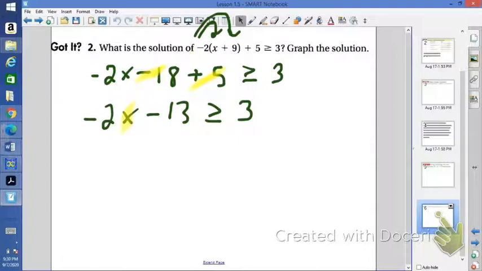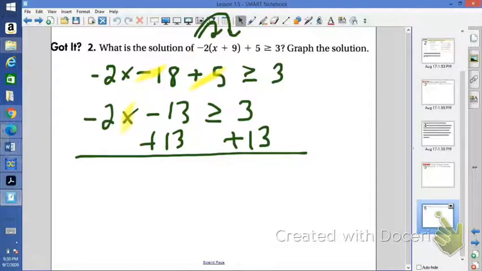Alright, now I'm going to add 13 to both sides. So I'm going to get negative 2x. So negative 13 and a positive 13 cancel. And I think it's worth noting, notice that I added 13 to both sides first.